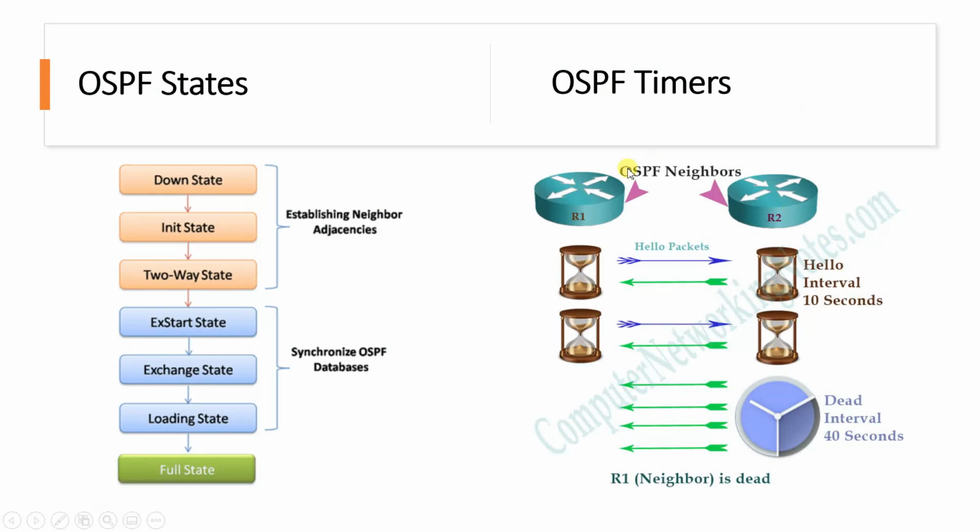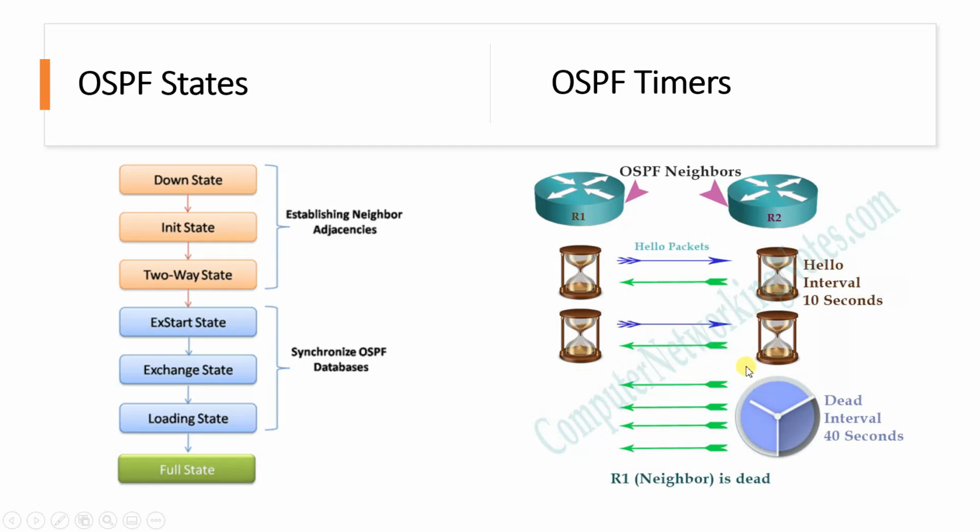First, let me see about OSPF timers. Here it has two time intervals, hello interval and dead interval. In this scenario, router 1 sends a hello packet and router 2 sends a hello packet as the response. Consider the scenario where router 2 sends a packet and router 1 cannot respond.